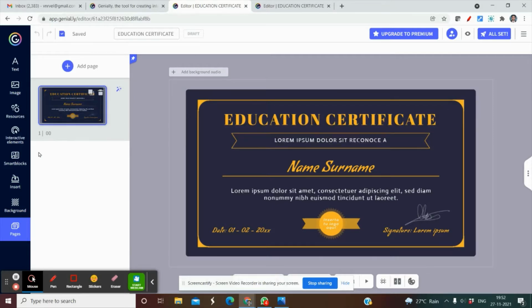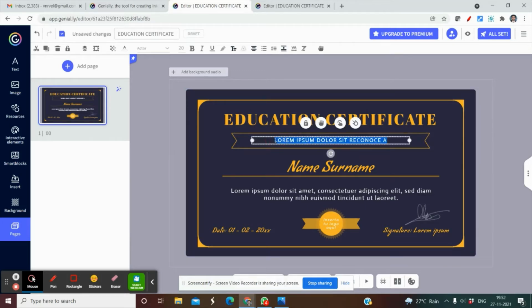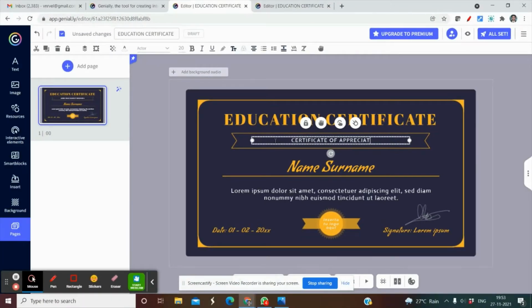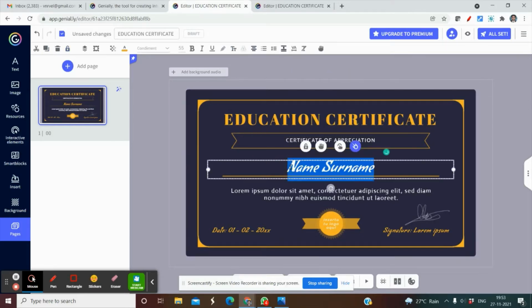Now you can edit the text. For example, let me edit the certificate: Certificate of appreciation. So we can edit, and we can add the name. We can add the certificate student name. For example, let me add a name for demo purposes.